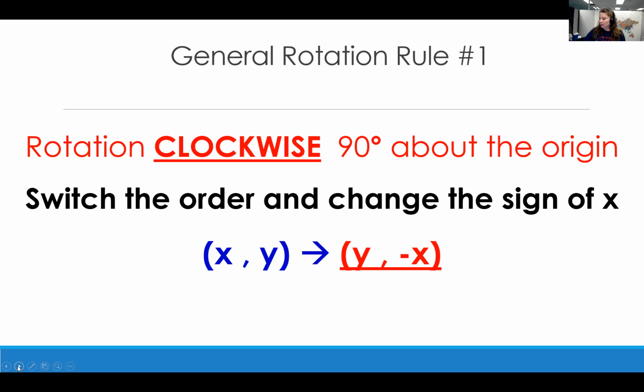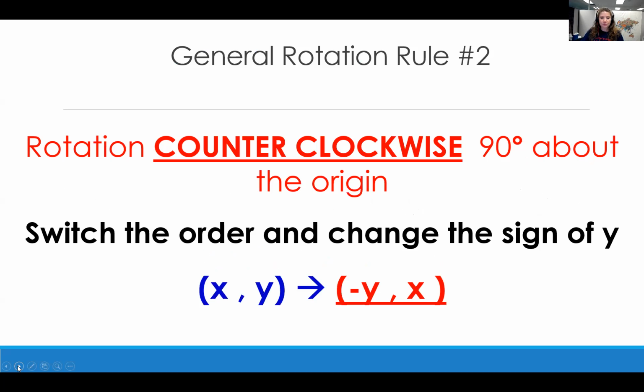All right, so this is what I would write down, you guys. If you are going 90 degrees clockwise, and I'm writing this down too, because I always have to look at my rules, that means we take our original numbers. The x coordinate moves to the back and becomes the opposite sign, and the y coordinate comes to the front and doesn't change. So write that down, and we're going to put these in a practice real soon.